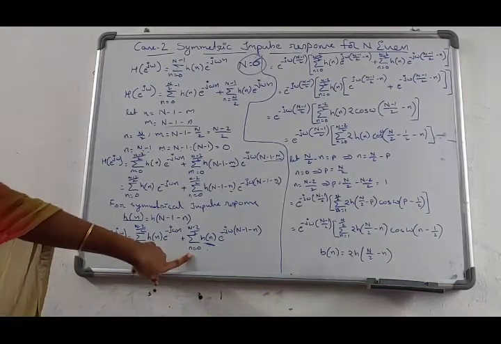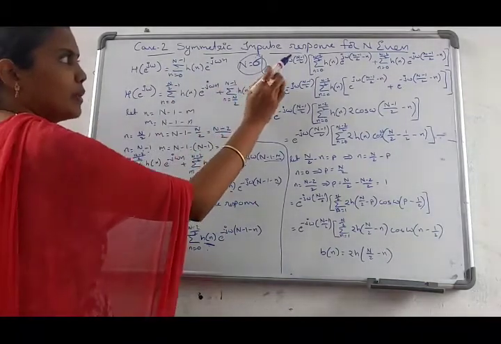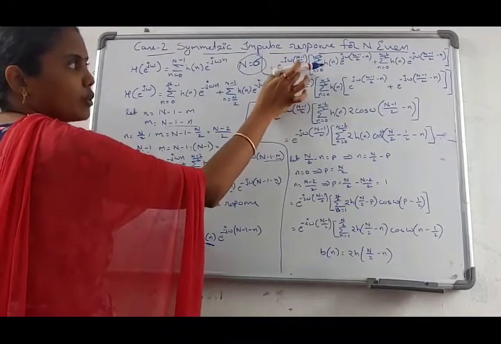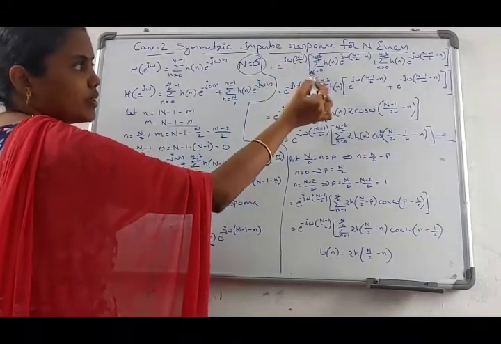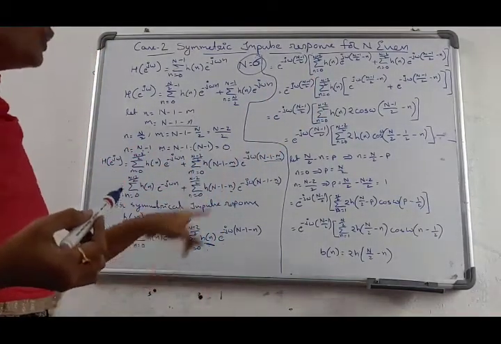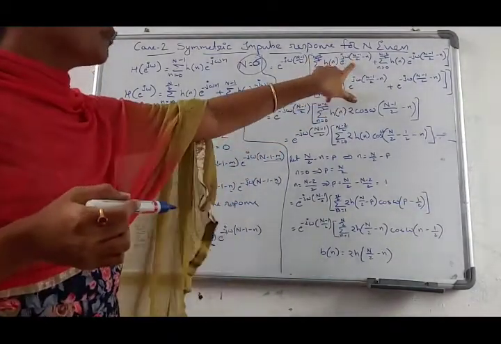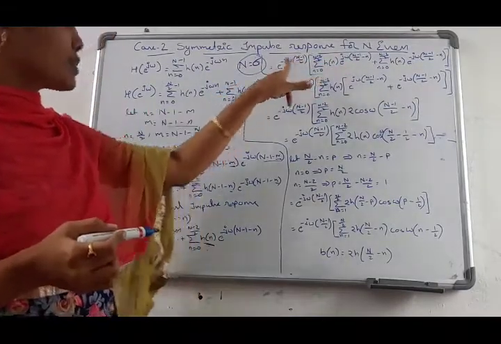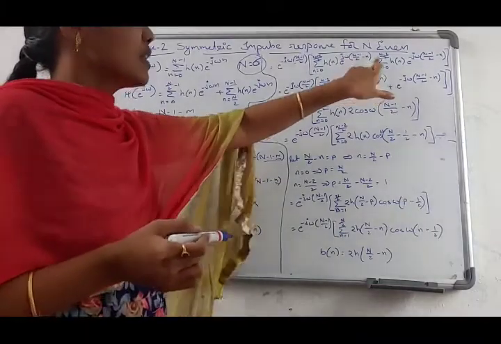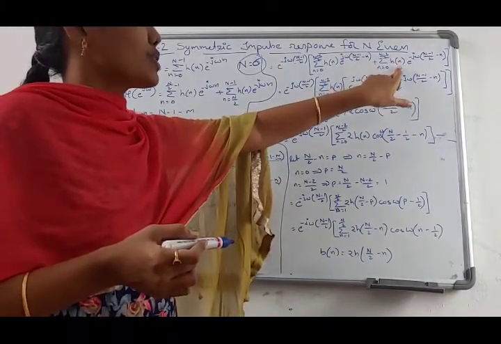In these two equations, e power minus j omega N minus 1 is common. So as common you can get summation n is equal to 0 to N minus 1, h of n into this term. If you multiply these two, you get e power minus j omega n, plus summation n is equal to 0 to N minus 2, h of n.